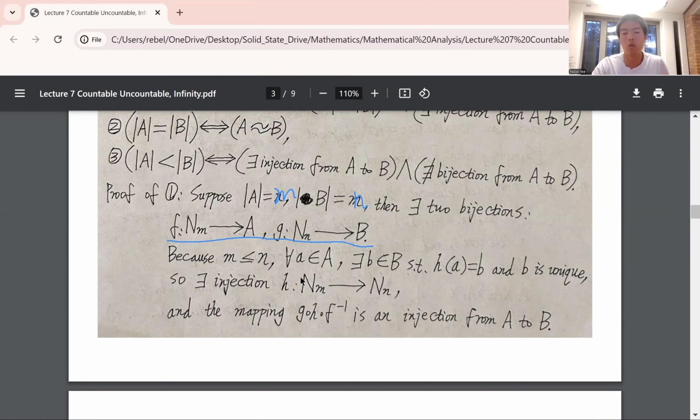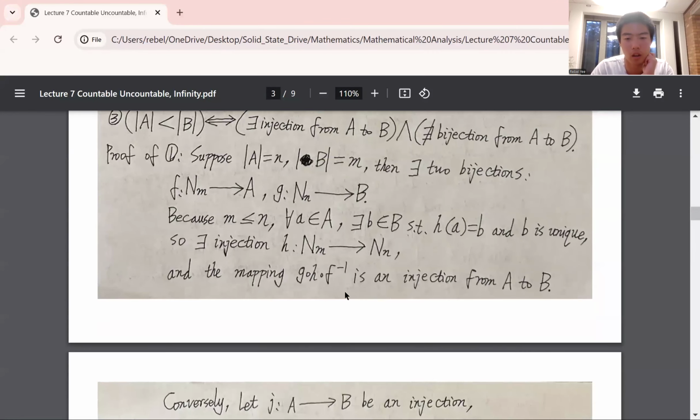So this is an injection because for A1 equal to A2, B1 must also equal B2. So that means it's an injection. And in this case, we say this is a mapping of injection from A to B, let's see how it goes.